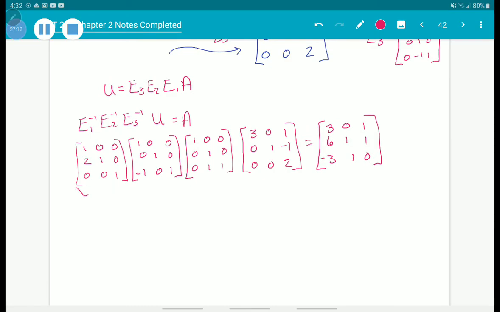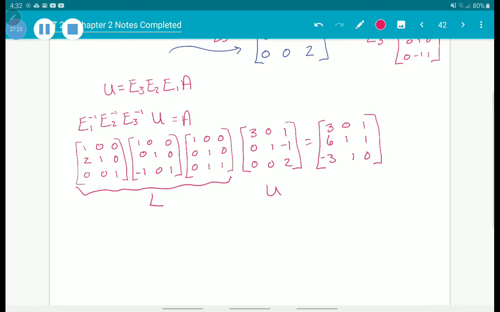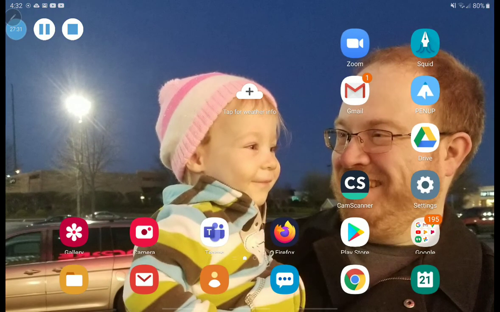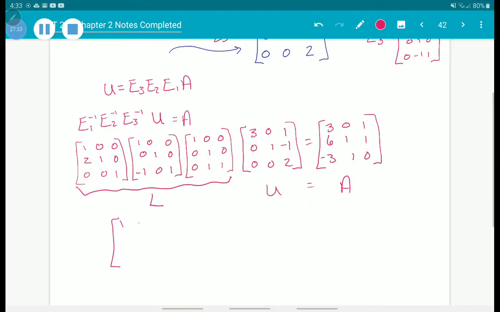So notice it took us 3 steps to get to an upper triangular matrix. The 3 steps we used produced 3 lower triangular matrices. That's going to be our L when we multiply them together. So when I multiply those together, I'm going to get this.